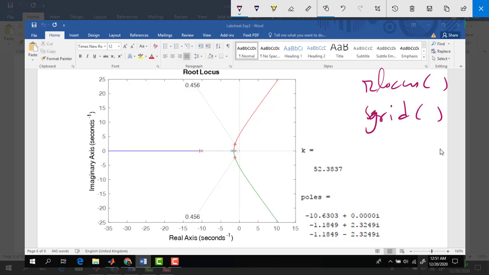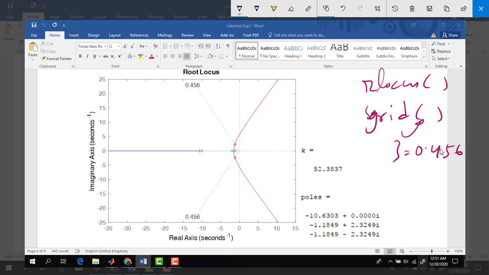In the sgrid we will use our zeta, which is 0.4559, 0.456 for simplicity, and rlocus will plot this one. Again we will use the rlocfind command to get the cursor on, and we will place the cursor on the intersection of these two lines.